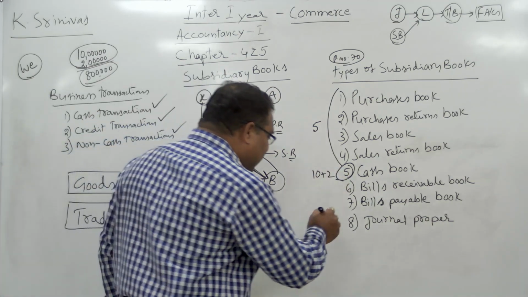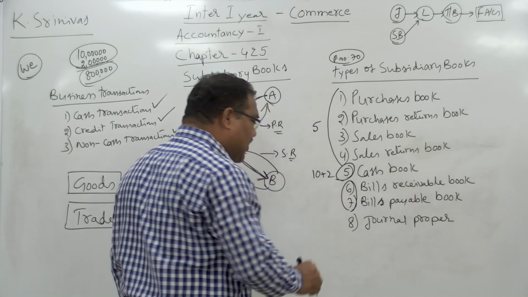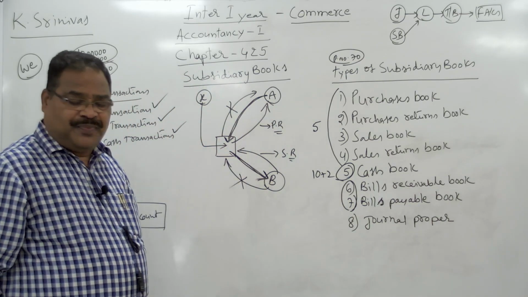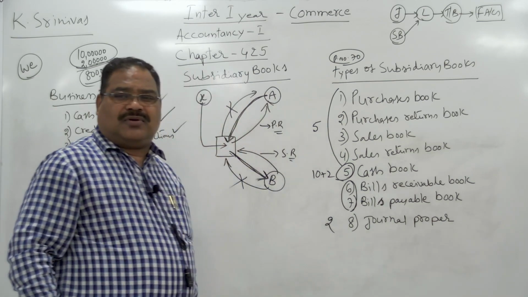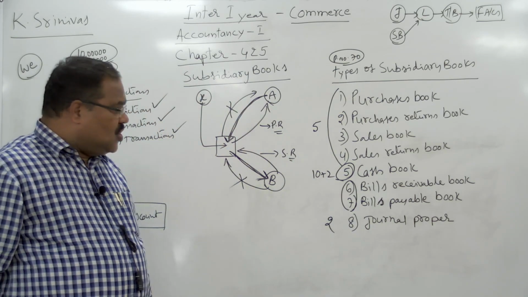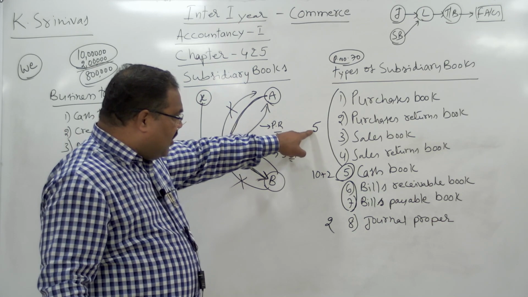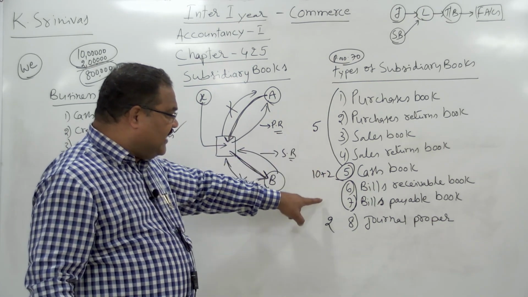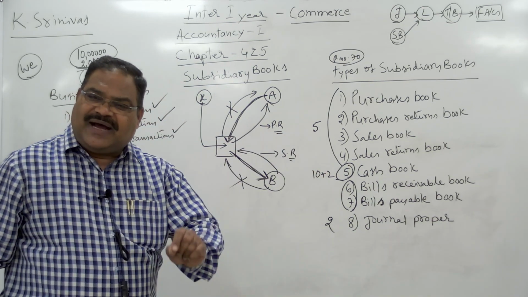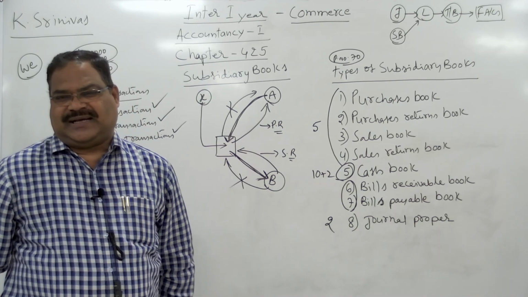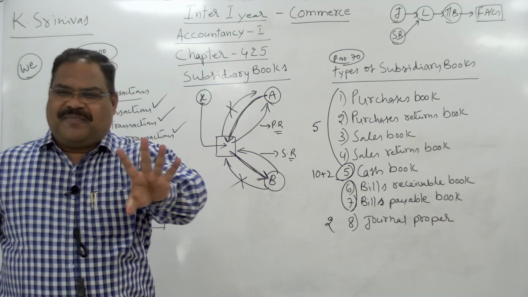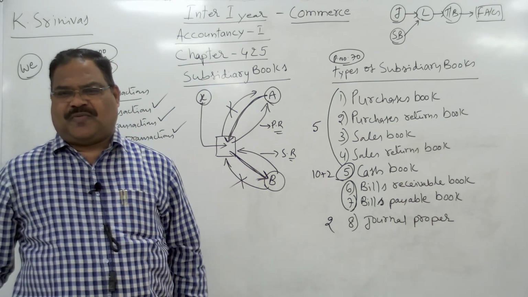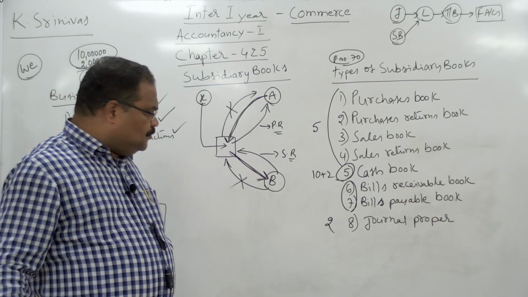And you will not get these 2 in general. I will give you an explanation. And from journal proper, you will get 2 marks. So overall, 10 plus 5, 15 plus 2, 17, 18, 19. 19 marks minimum you are going to get. My intention is that you should get full marks from this particular topic. I am sure about that.